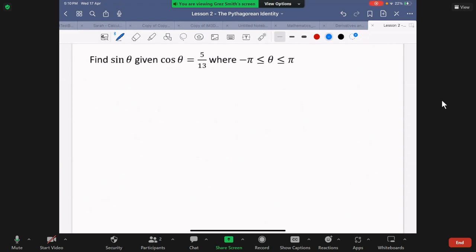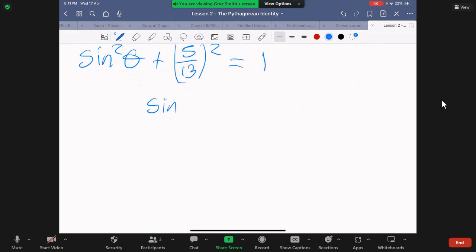All right, welcome back. So let's go straight into sine squared theta plus (5/13) squared is equal to 1. Rearranging that, we get sine squared theta plus, move it to the other side, 25 over 169.